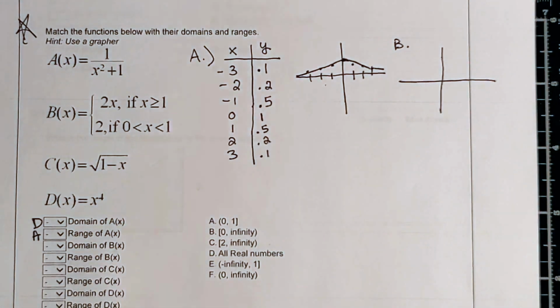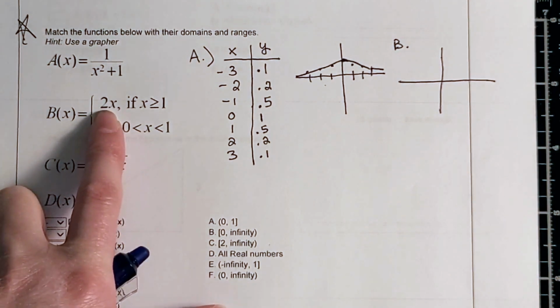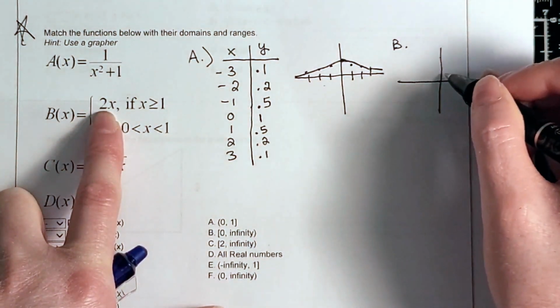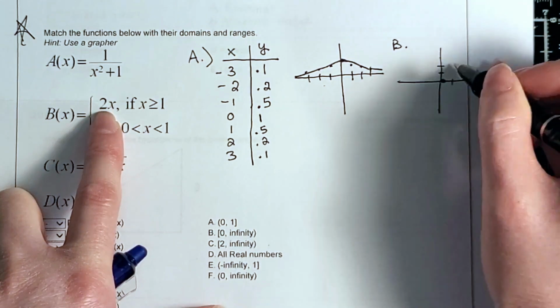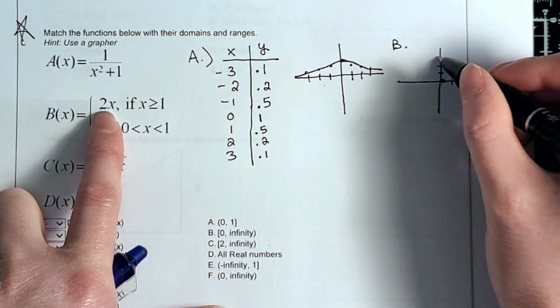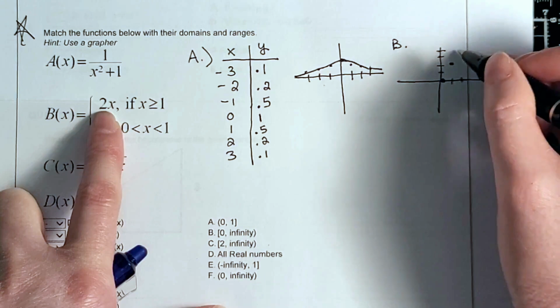Alright, so I'm going to switch over to my erasable pens, because when I do these problems, I always like to erase. So we're looking at 2x, so your y-intercept would be 0. And then we would go up 2 and over 1, up 2 and over 1.